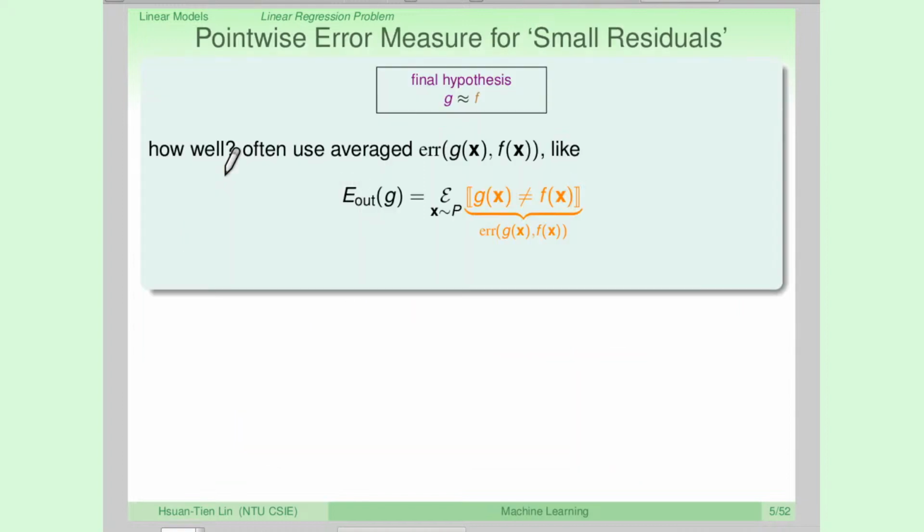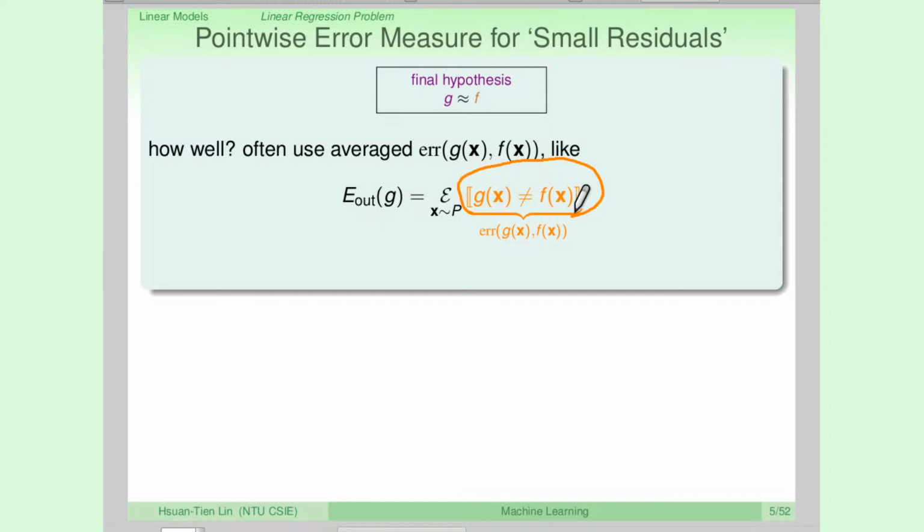We want small residuals. Now, previously we talked about how to evaluate machine learning algorithms, but surrounding the concept of binary classification. Now let's put this more generally. The way we evaluated our hypothesis was based on calculating whether g is the same as f. That's for binary classification or classification in general.